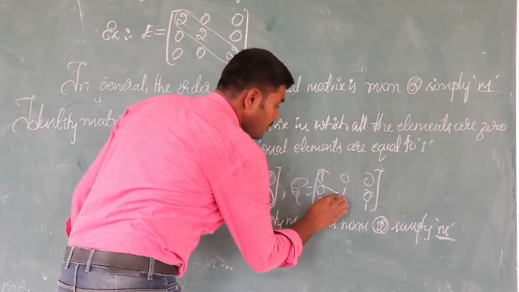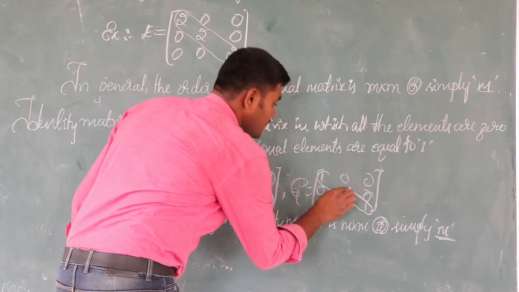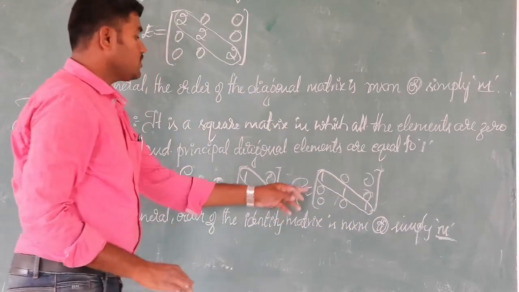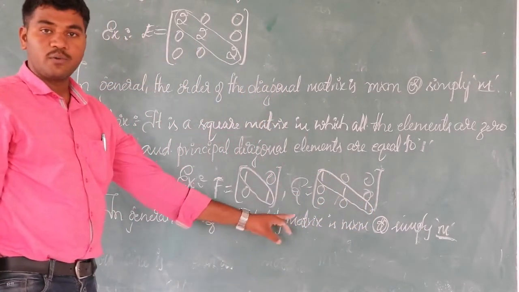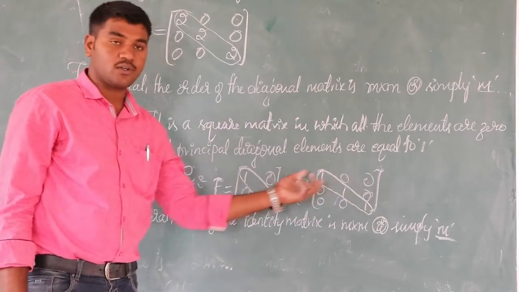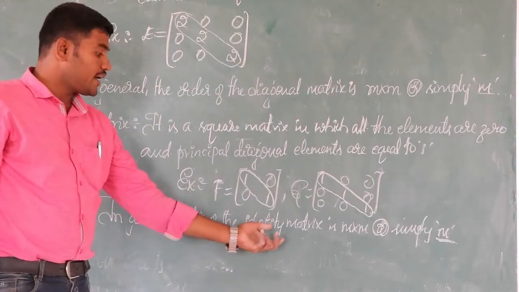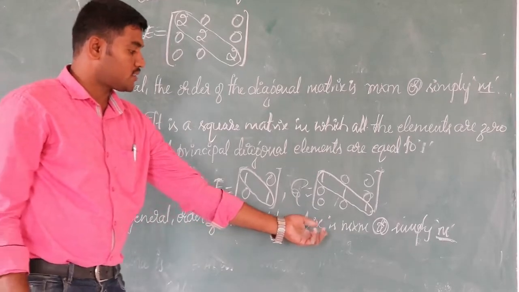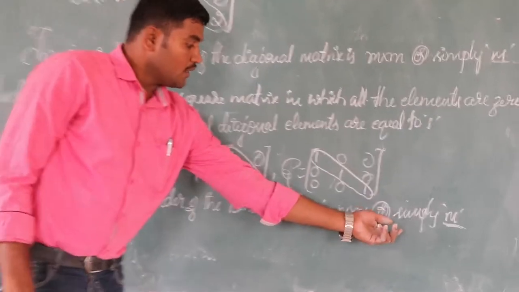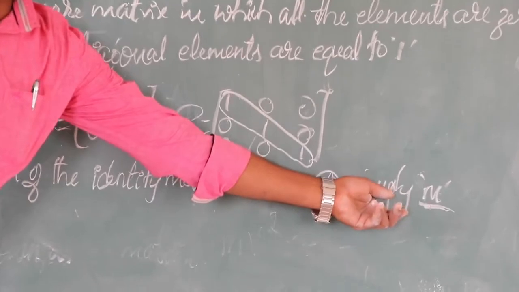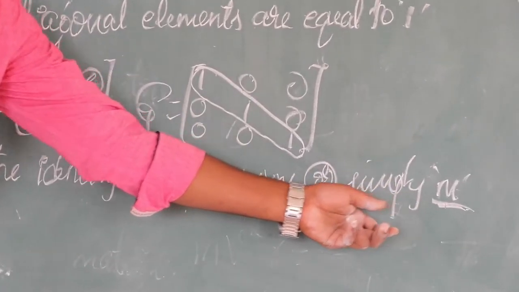These elements are termed principal diagonal elements. In an identity matrix, principal diagonal elements are always equal to 1 and the rest of the elements are 0. In general, the order of the identity matrix is m by m.